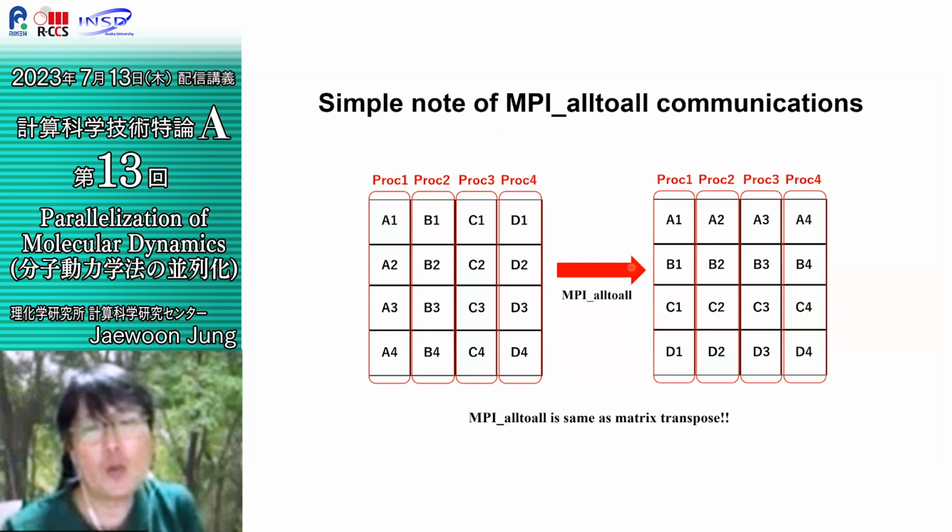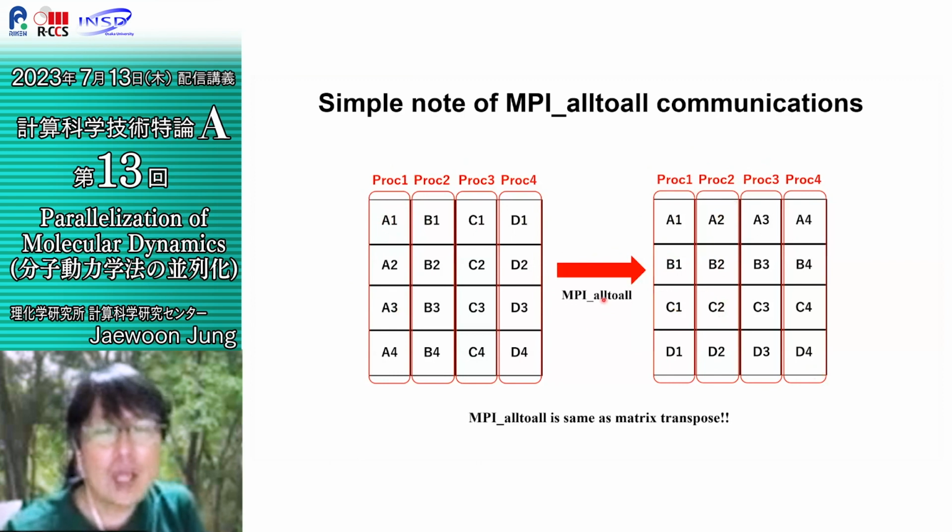The MPI all-to-all command changes the data in this way. Originally, process 1 has the data A1 to A4, but after doing this, process 1 will have the data A1, B1, C1, D1. The second processor will have the data A2, B2, C2, D2, and so on.